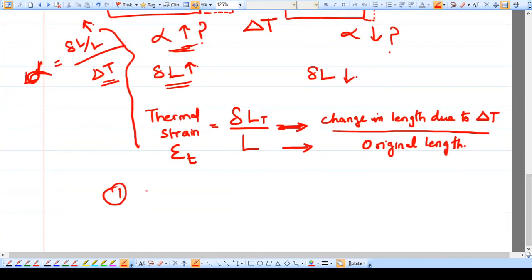From equation 1, the change in length due to the thermal stress is equal to L into delta T into alpha.